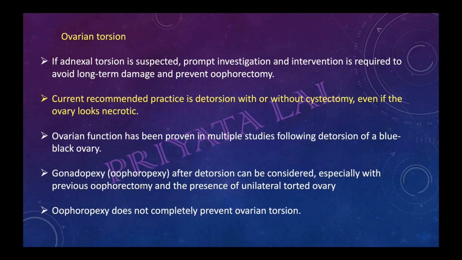That is pexy, so that it will not go for torsion again, but it will not be completely prevented. It is still a mobile, hanging organ. Okay, so this could be done. So basically you have to know this yellow line. Your answers will come from here only.